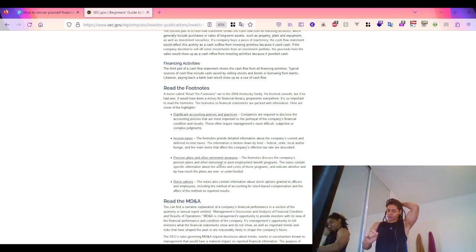And then I look at the stock options, which are equity options, an opportunity for companies to let employees invest in the company stock at an agreed upon price and date.